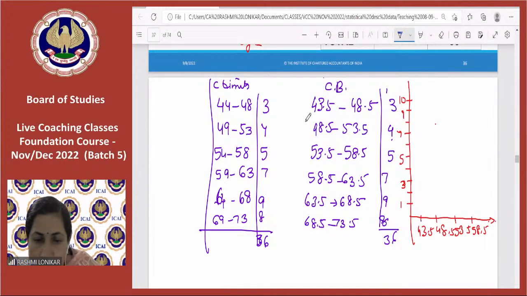What is the frequency for this class interval? It is 3. So, I will take up to 3 and draw till here, from 43.5 up to 48.5.